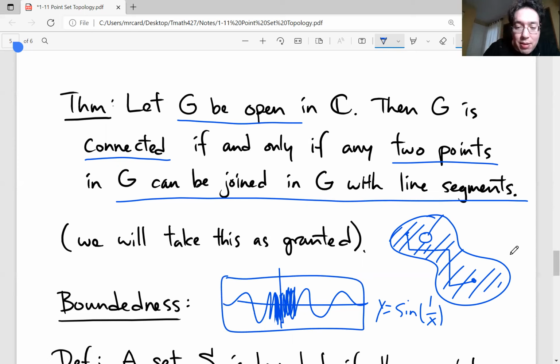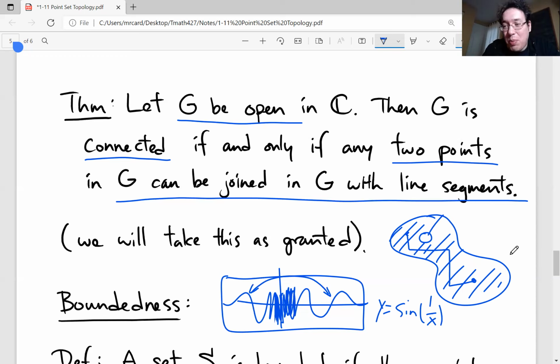You cannot draw a path from this side of the graph to that side of the graph, because it goes up and down so many times, you cannot draw a continuous line through them, because you can't ever get to the vertical line by going up and down. But it's actually a connected set. There's no way to draw an open set that contains the right side and the center line, which separates it from the left side. So they always overlap. So this is a weird set where it is connected, but it's not path connected.